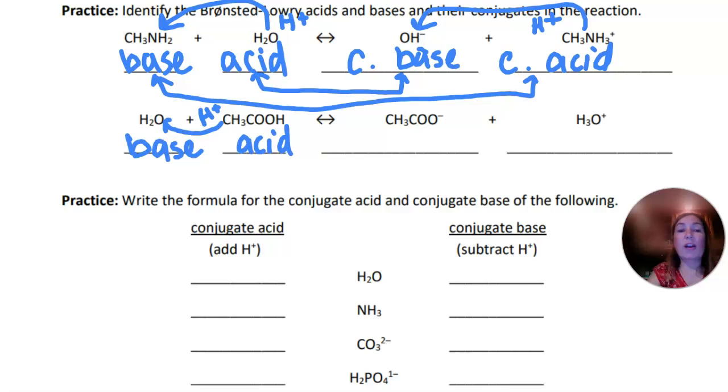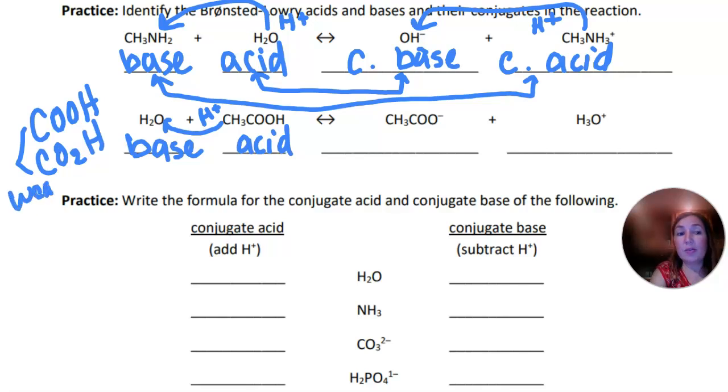One thing I want us to recognize is that things that end in COOH or CO2H, that's a sign of a weak acid. So that is a weak acid ending on a molecule. So that's definitely a sign, like beep, beep, beep, acid, that's COOH. Okay, how do we get back where we came from?